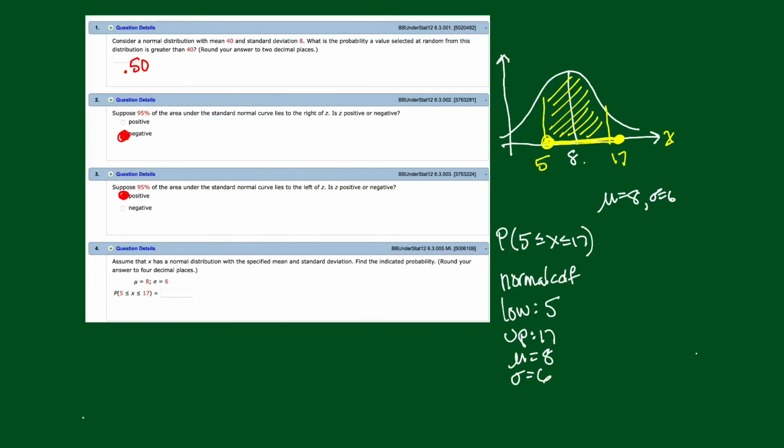When I did that, I got 0.62465, and look for round off. There's my answer. What are we supposed to round off to? 4 decimal places. All right, it's the probability, so we're going to round off to 4 decimal places. So over here, I've got 1, 2, 3, 4. Now, that's a 5, so normal rounding, you'd round up. But in statistical rounding, you round to an even digit. So I'm going to go with 0.6246.